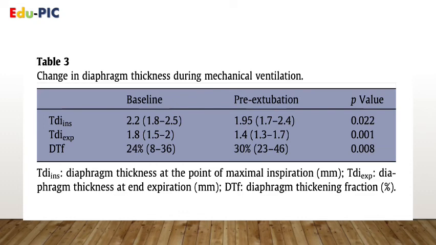And here also at the end expiration for the diaphragmatic thickness, this is a baseline 1.8 and this is 1.4. So here you can see the change in diaphragm thickness during the mechanical ventilation.